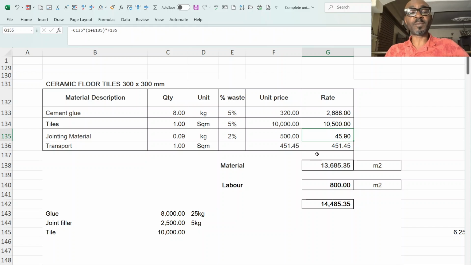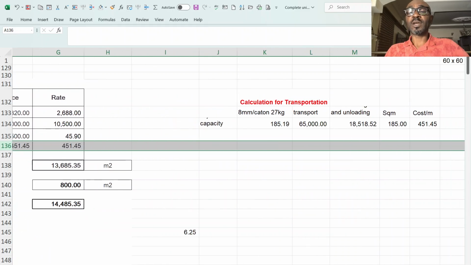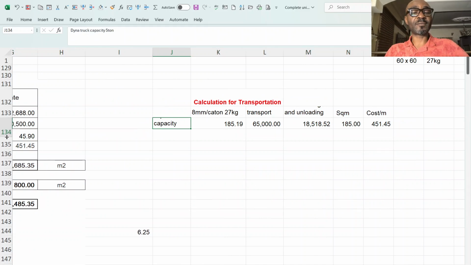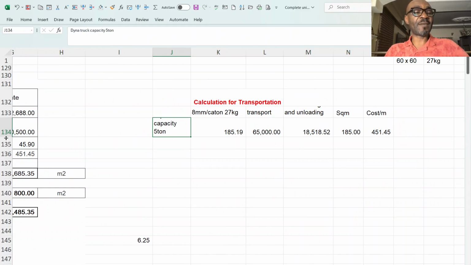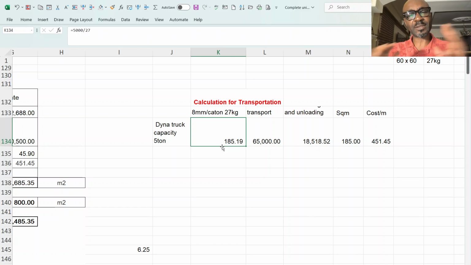So if you sum up, then of course the transport. As you can see here, a 5-ton Dyna truck carries 185 packs of the carton for 8mm tiles.